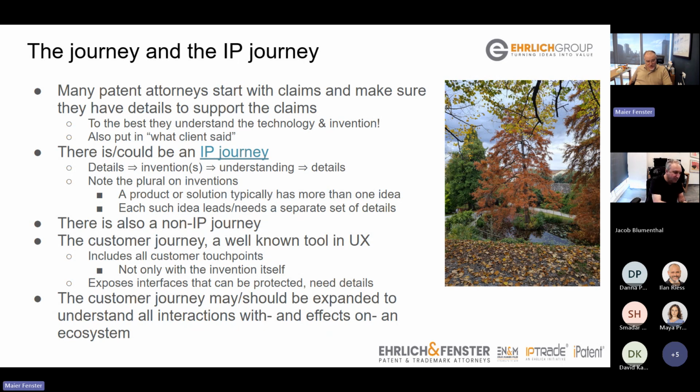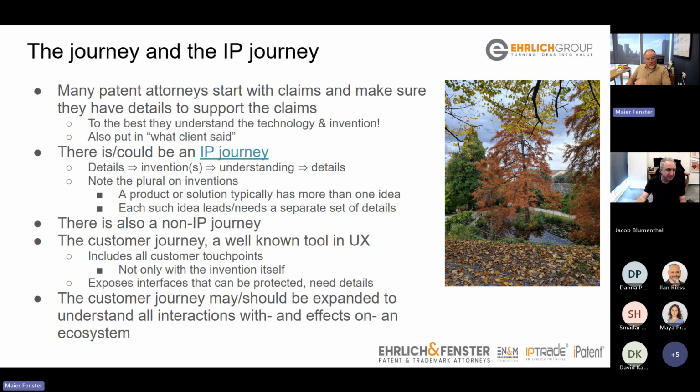And if there's an invention or product, it could interact with any one of these touch points, even though the customer is not actually interacting with the invention at that time. For example, the decision of a customer to buy might depend on the compression method you're using, even though at that point he's not using your compression method.